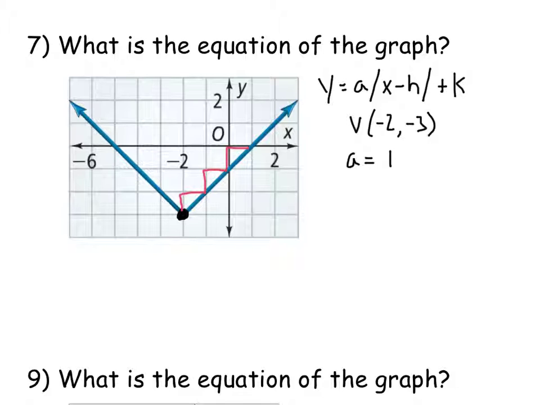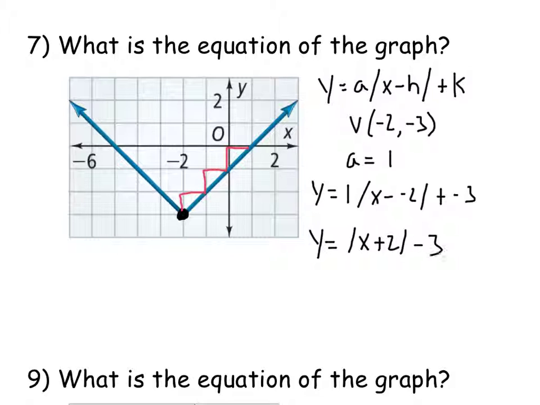We just plug that into the general form. Y equals 1 times the absolute value of x minus negative 2, plus negative 3. And just simplify it down, so we have y equals the absolute value of x plus 2, minus 3. Any questions?